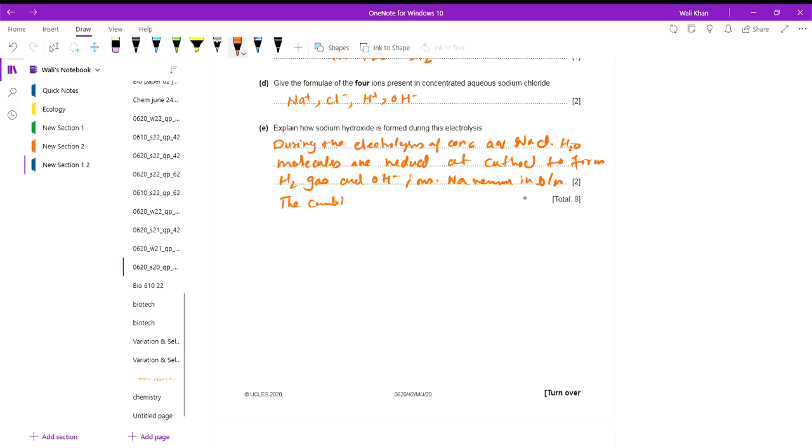They ask about sodium hydroxide. The combination of these hydroxide ions with sodium ions leads to the formation of sodium hydroxide. So, got it?